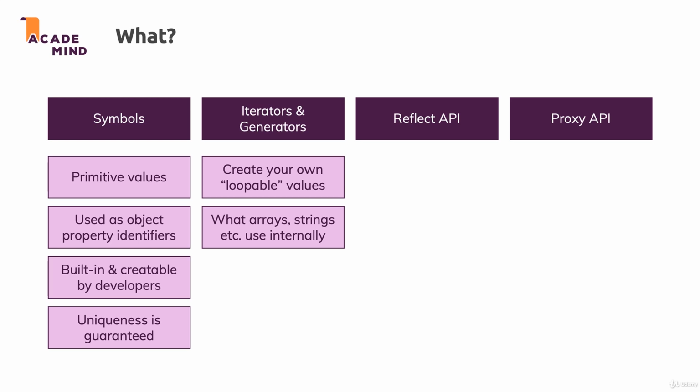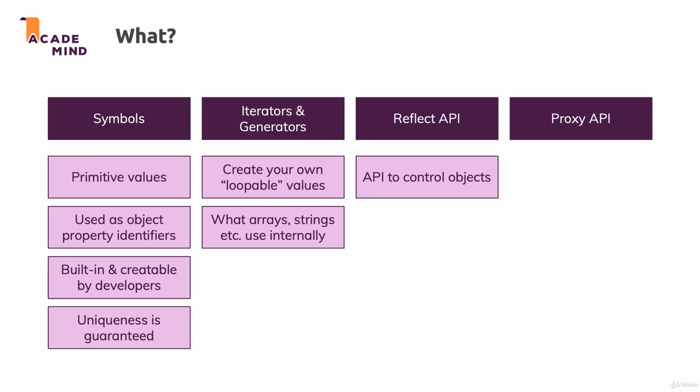Now, what is the Reflect API all about? It is totally not related to iterators and generators and symbols. It is related to objects, though. It is an API that allows us to control objects, to do things with JavaScript objects. And in the end, it's just an object itself.